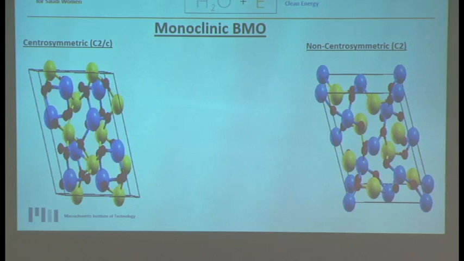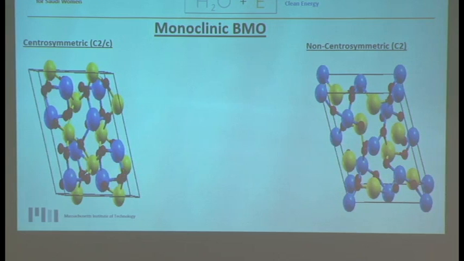So what causes this uncertainty in the structure is the preparation of the bulk samples. It requires high temperature and high pressure to be prepared, and it's hard to find pure, good quality bulk monoclinic.